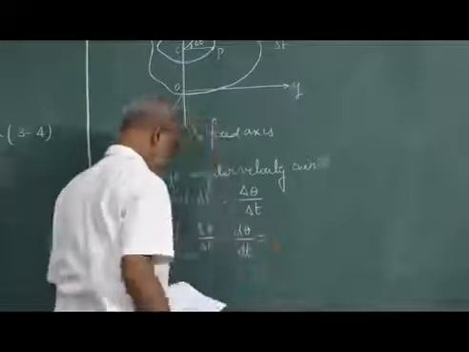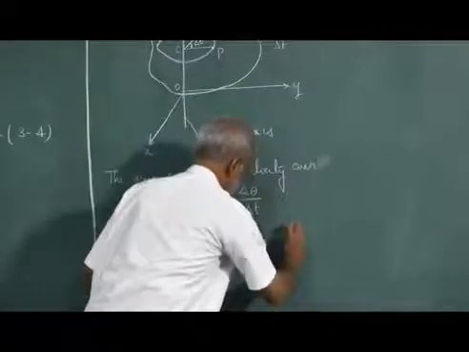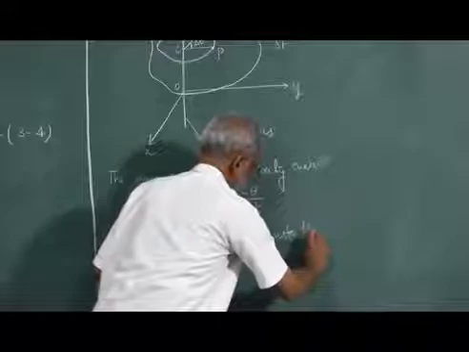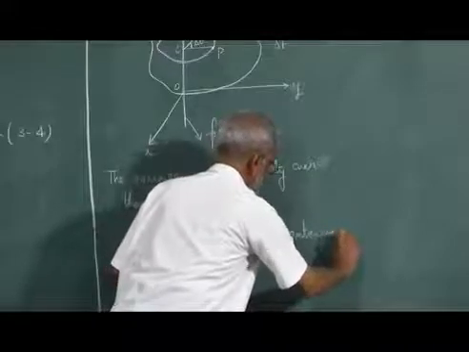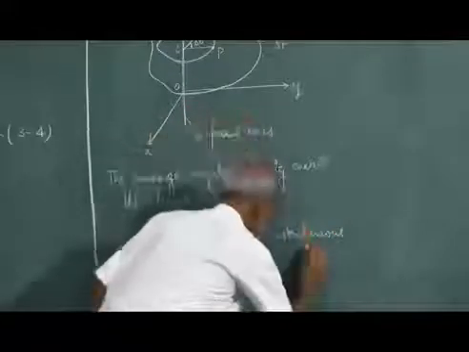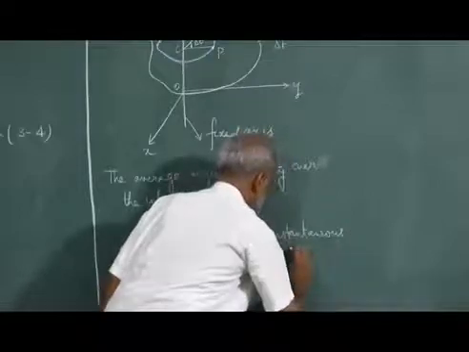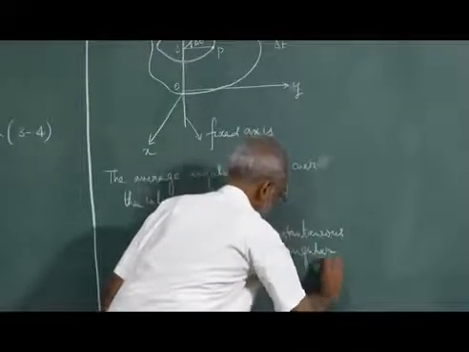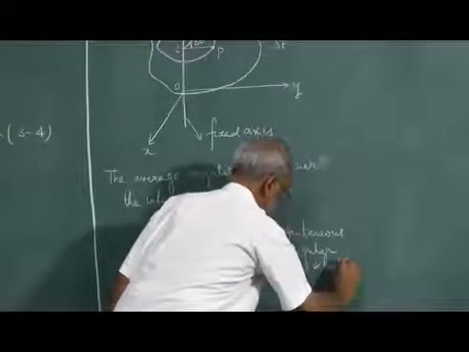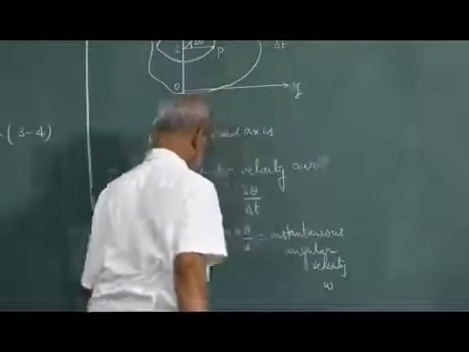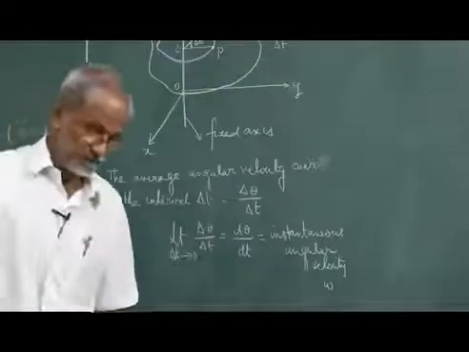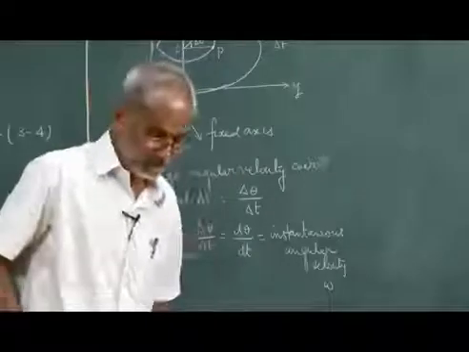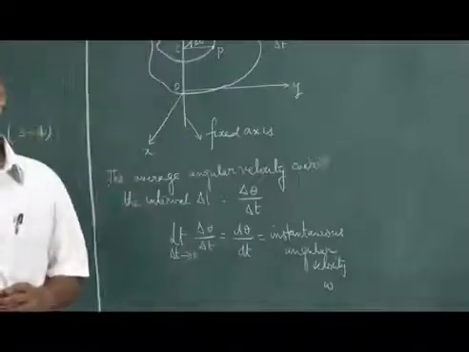This is what is known as the instantaneous angular velocity, omega. Remember, this velocity is a vector quantity, so will be the angular velocity.